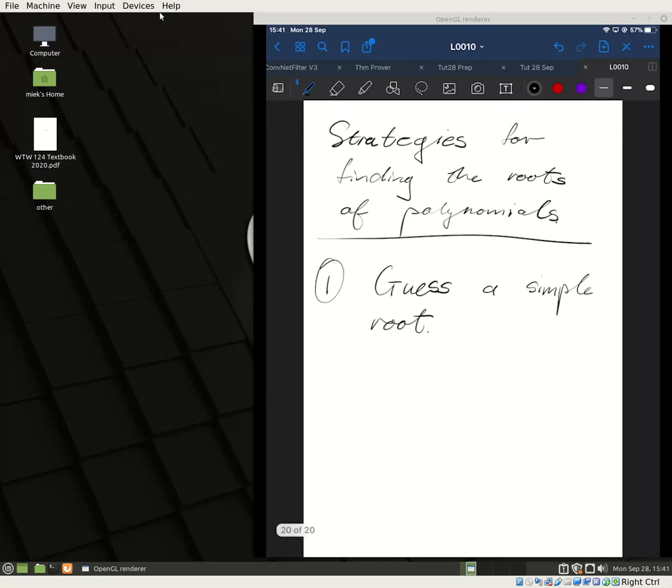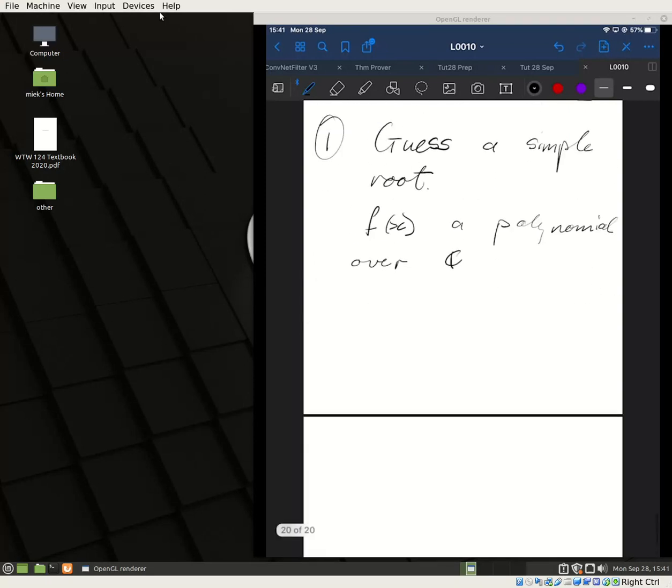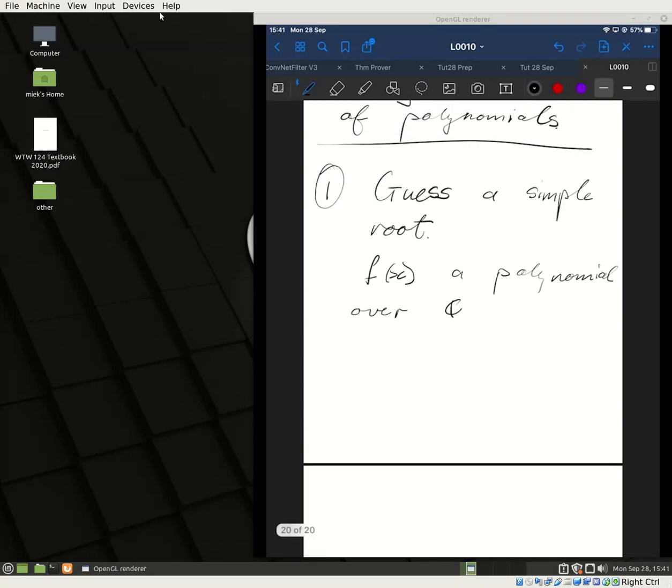So guessing is a perfectly valid strategy. If you have some polynomial f of x over C, you can guess that 1 or minus 1 or i or minus i is a root of f of x.